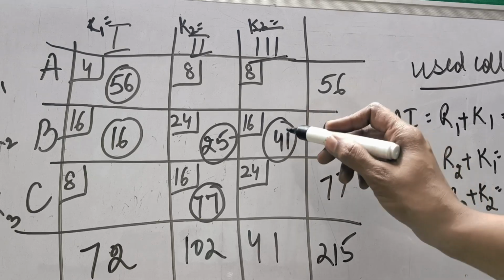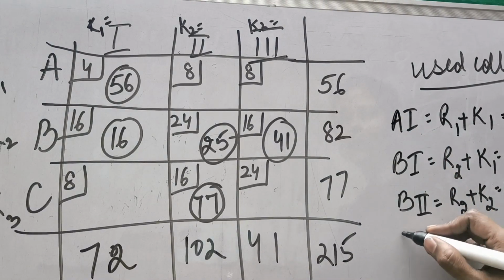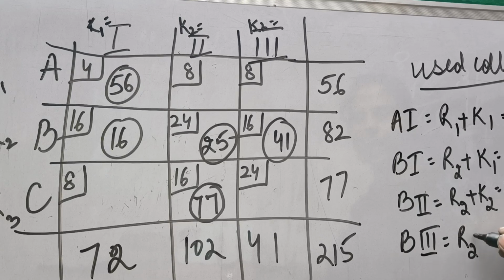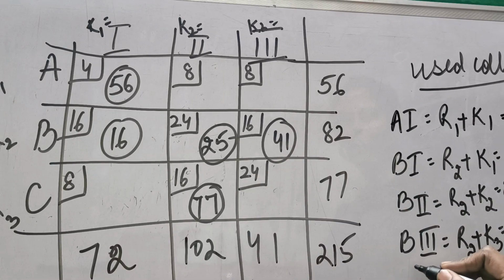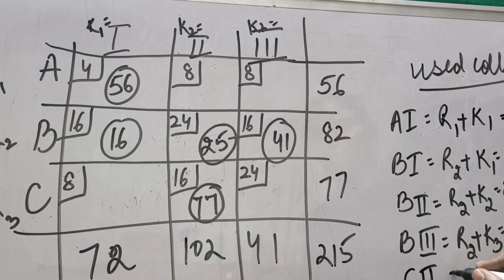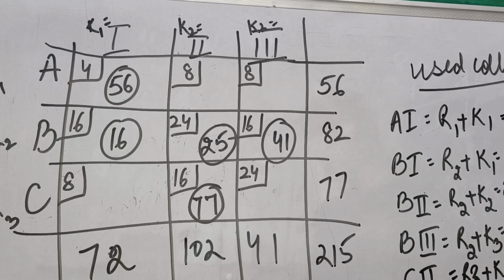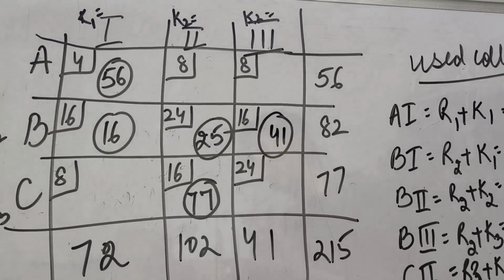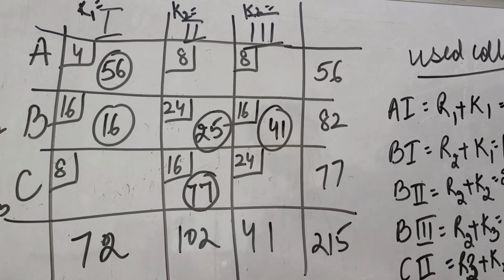After that, this is my used cell B3, and this has been designed by R2 plus K3 and its value is 16. And last we have C2, and this cell has been designed by row number 3 plus column number 2 and its value is 16. So like this you will be putting all the values of the used cells.